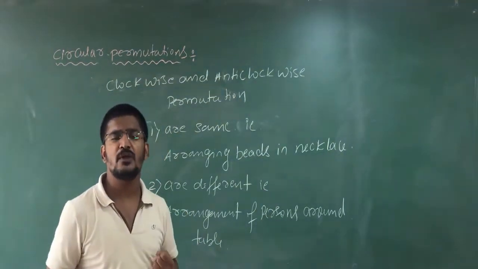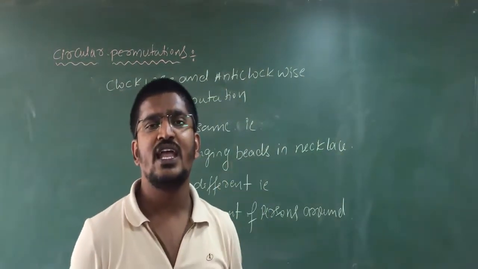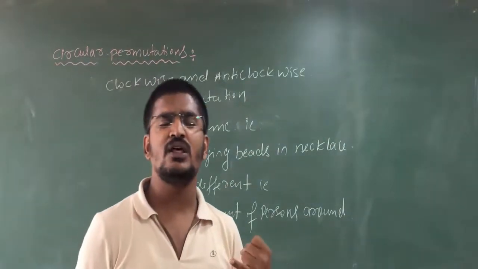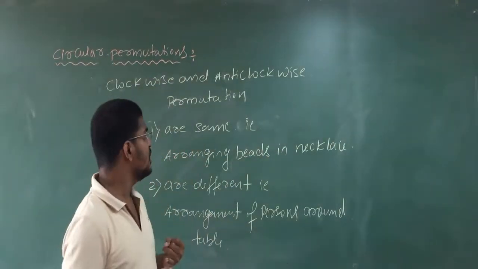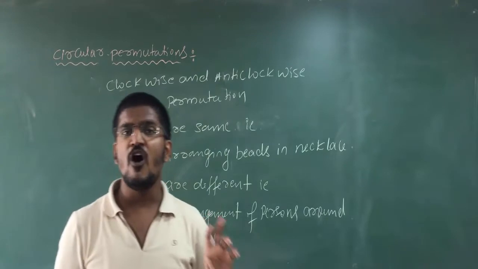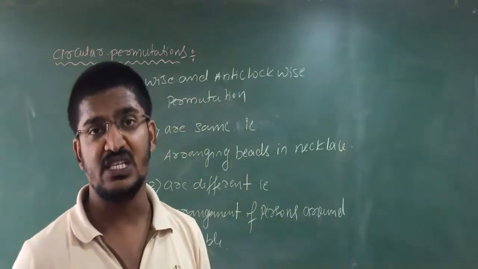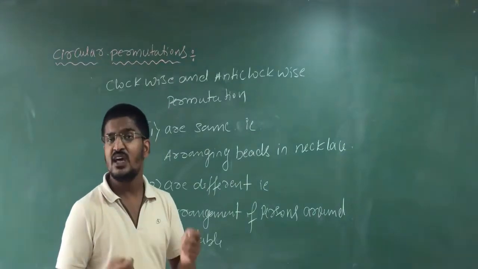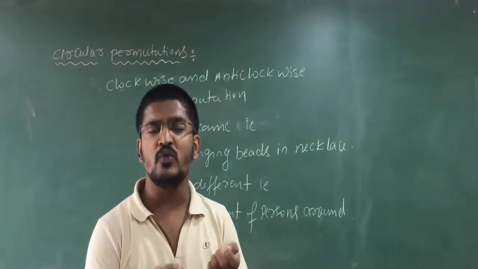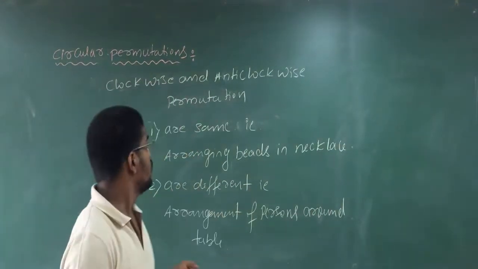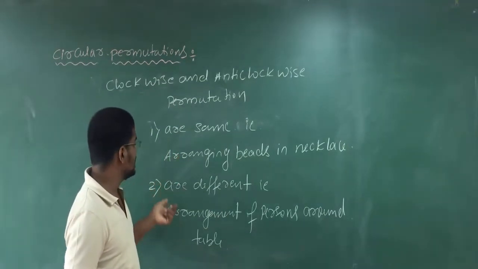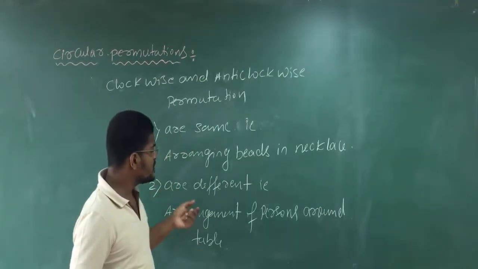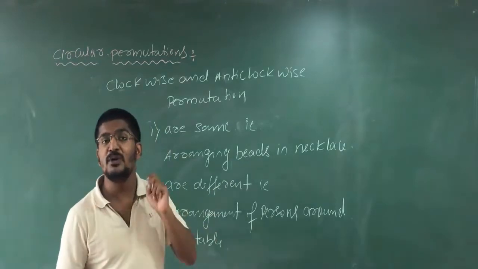First thing, circular permutations means arrangement of any objects or any persons around a table, in a circular form. Clear? The second thing, when clockwise and anti-clockwise are going to be the same, and when they are going to be different, it depends on the problem which you are solving. See, for beads of the necklace, it is same. For the persons around a table, it will be different.